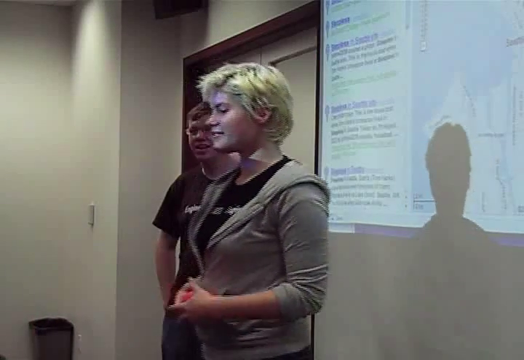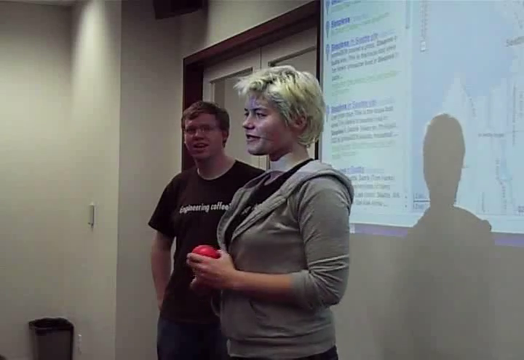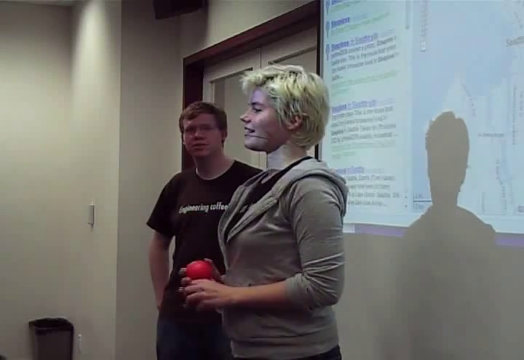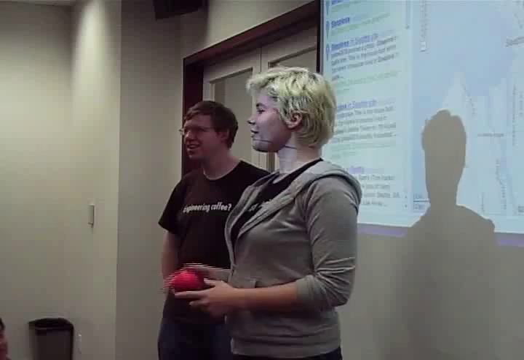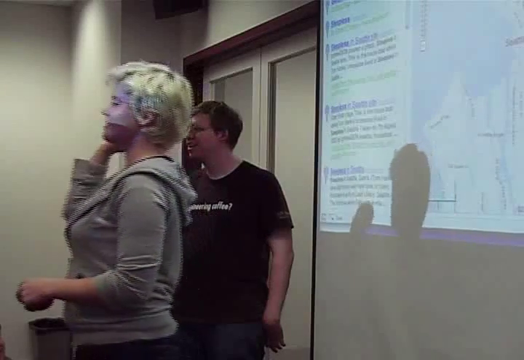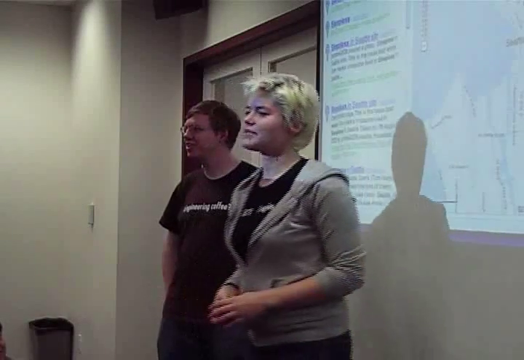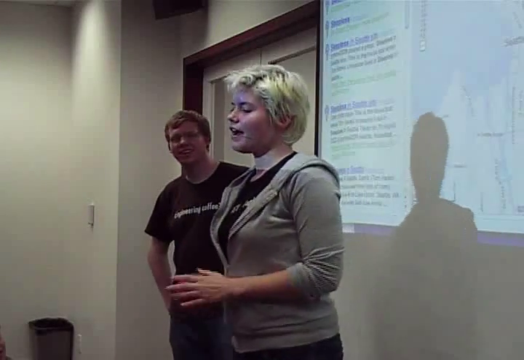Does anyone actually know where that user-created content comes from? Sometimes in web searches? Do you know what type of files they are? KML. Yay! Who just said that? Nice. So they are KML files, and we're actually going to make one today as part of the Code Lab.